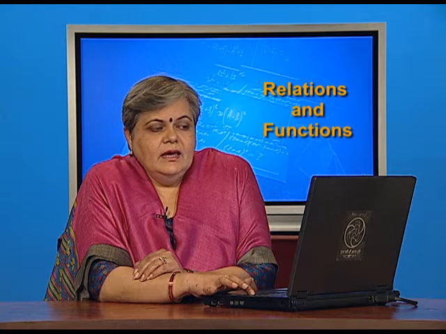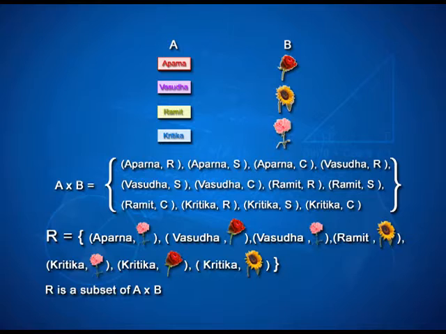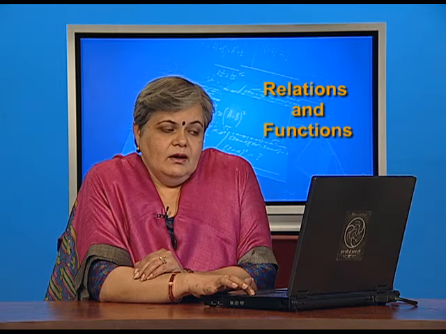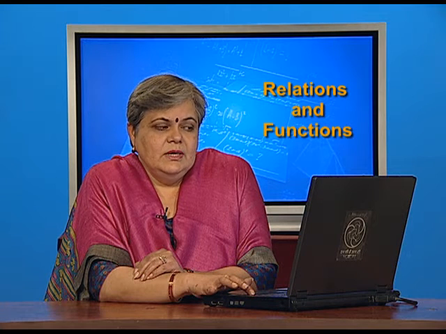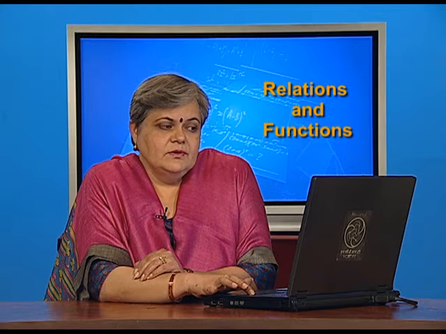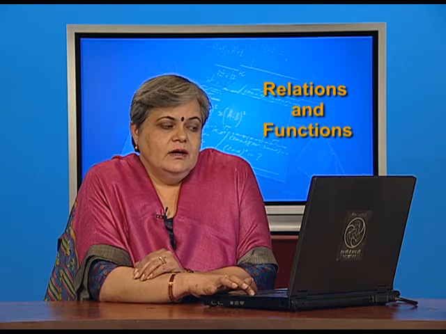At the same time, 4 of them may not like any of these flowers. So, R, that is the relation, could be an empty set, and therefore, we are looking at a relation R from a non-empty set A to a non-empty set B to be the subset of the Cartesian product A cross B, where R could be the entire A cross B, R could be any of the other subsets of A cross B, and R could also be the empty set.